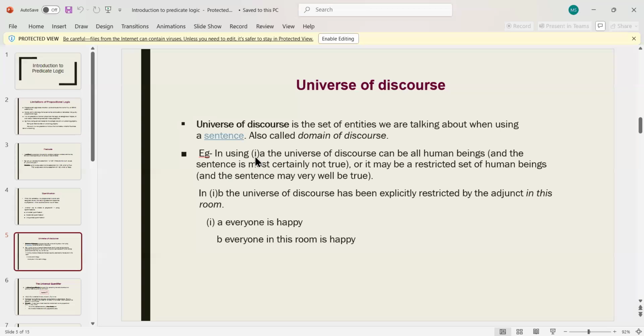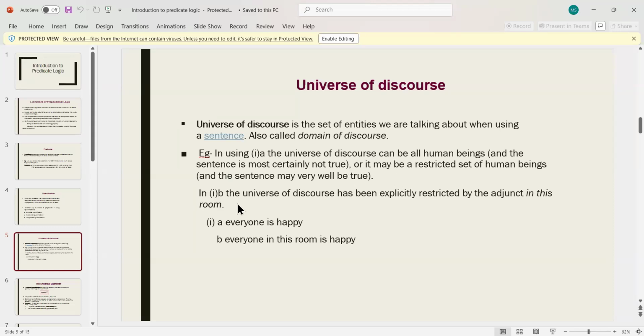In using 1a, the universe of discourse can be all human beings, and the sentence is most certainly not true, or it may be a restricted set of human beings, and the sentence may very well be true.